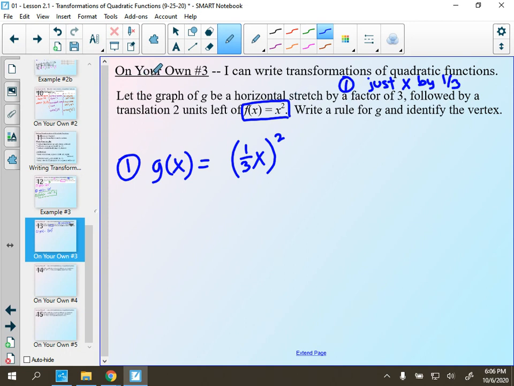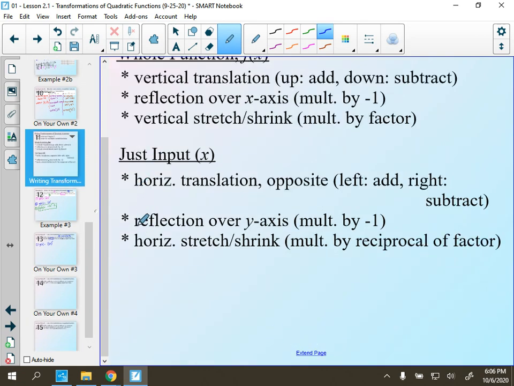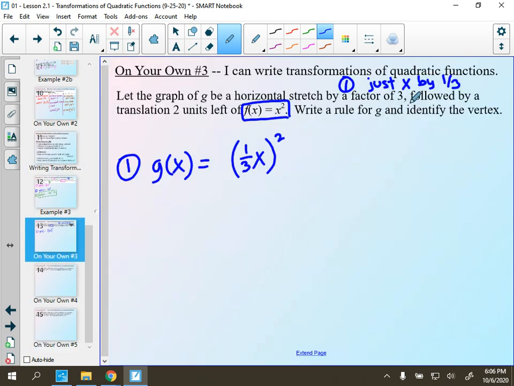Do we follow what's going on there? A horizontal stretch, we can go back and check. A horizontal stretch or shrink says multiply just the input by the reciprocal of the factor. Remember, reciprocal means flip it over. So I flipped 3 over 1 over, I got 1/3. So that's what we did. We multiplied just x, not the squared, by 1/3.